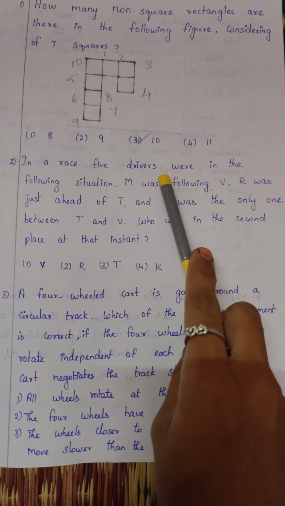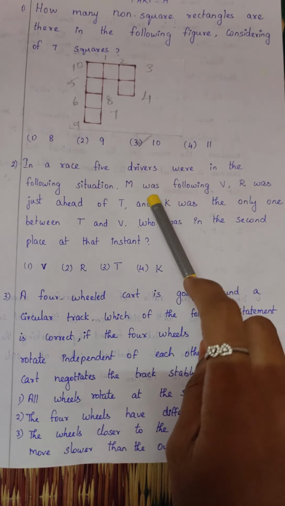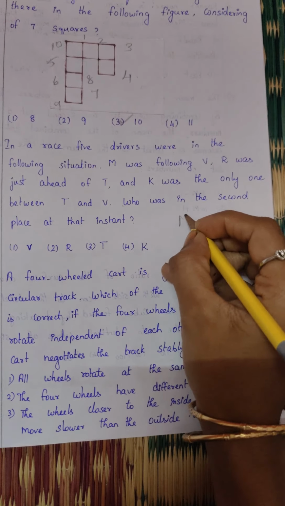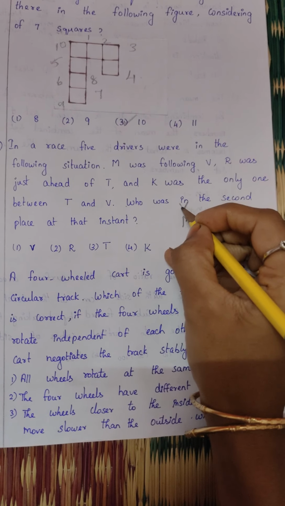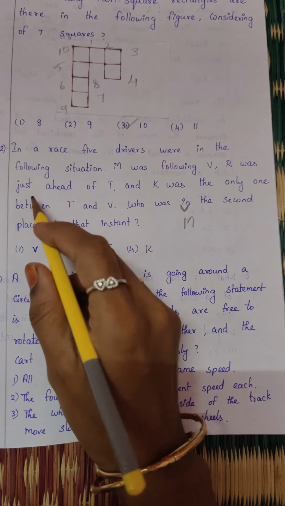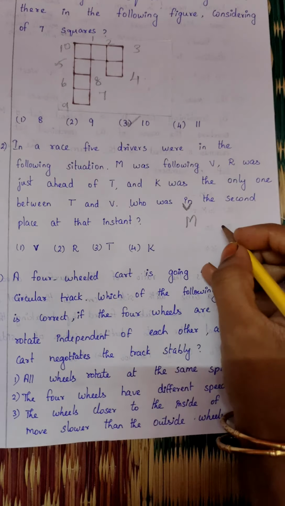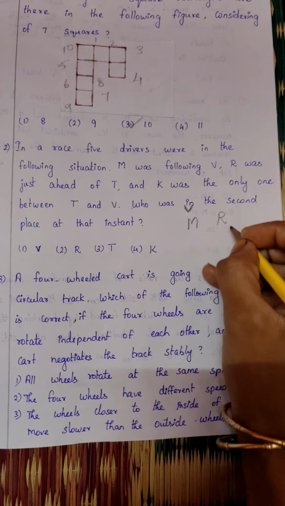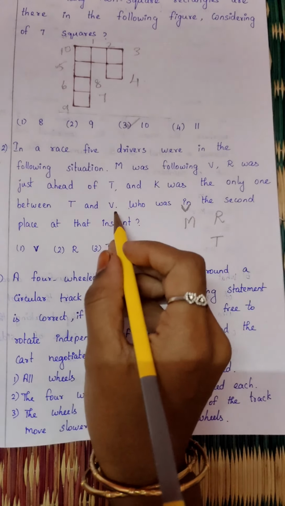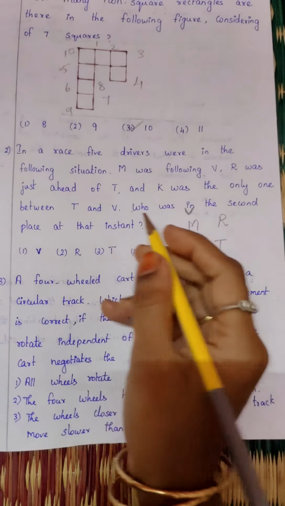There are 5 drivers in the following situation. M was following V. So how can we write here, M was following V. So V is in the first place and M is in the second place. R was just ahead of T, and K was the only one between T and V. So V comes after K and M was the last one.